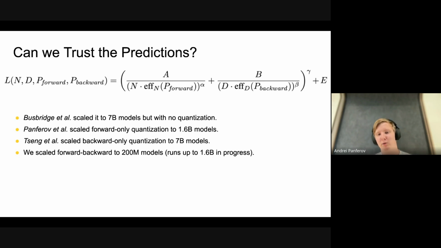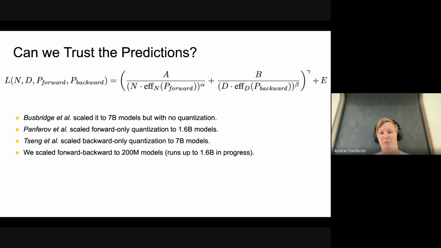In our previous paper, we actually tested a very similar scaling law with a slightly different form. That parameter gamma was fixed to 1, and we didn't quantize the backward pass, and we tested it up to 1.6 billion parameter models and showed that it's stable and it fits data well.